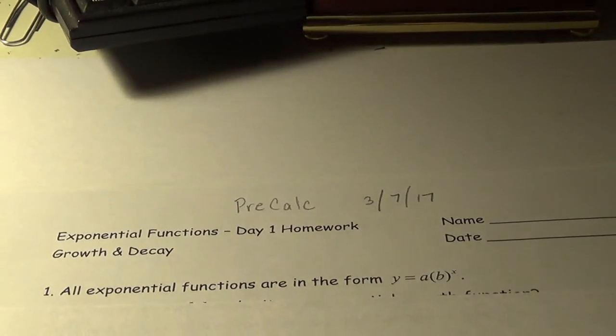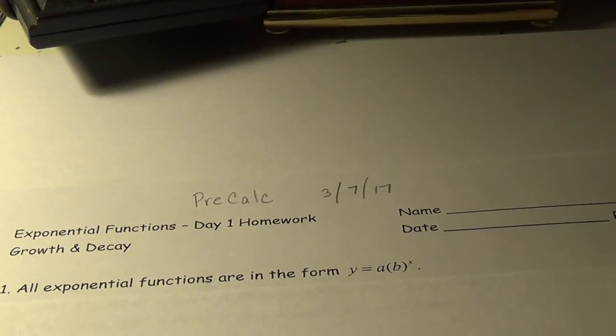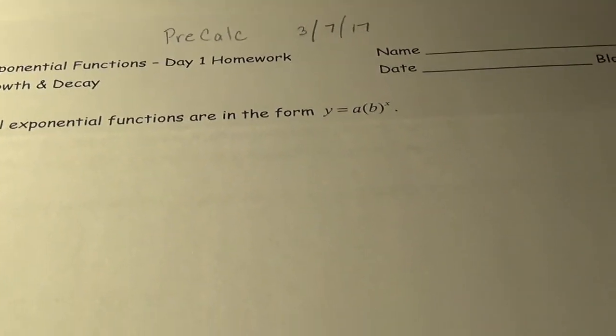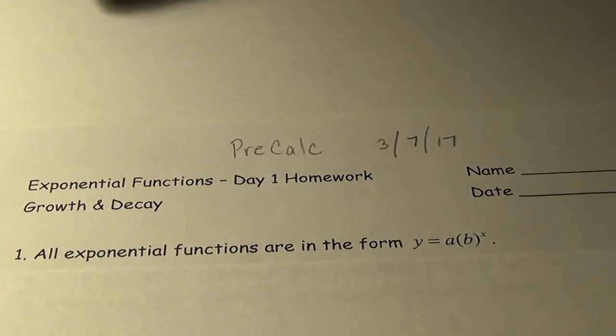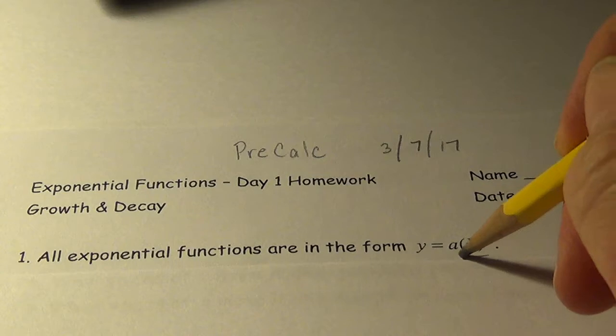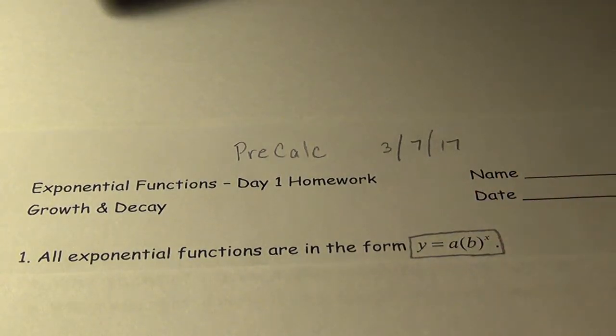Here it says, all exponential functions are of the form y equals ab to the x. So let's get that in there, ab to the x. Anytime you have this model, you have an exponential function.